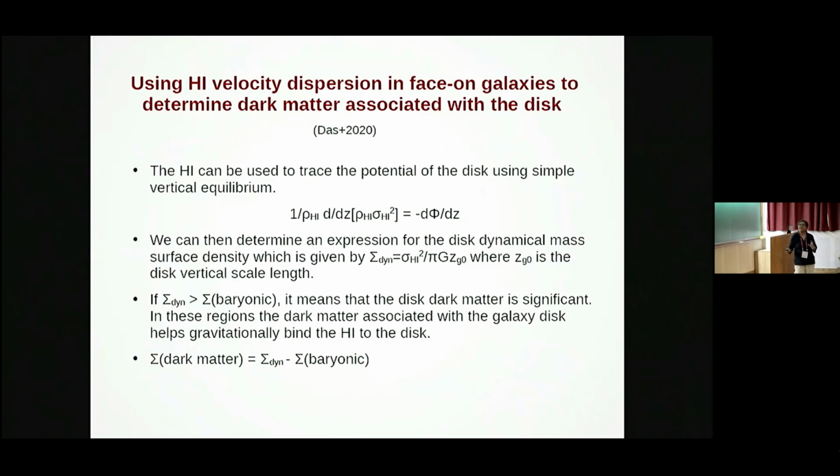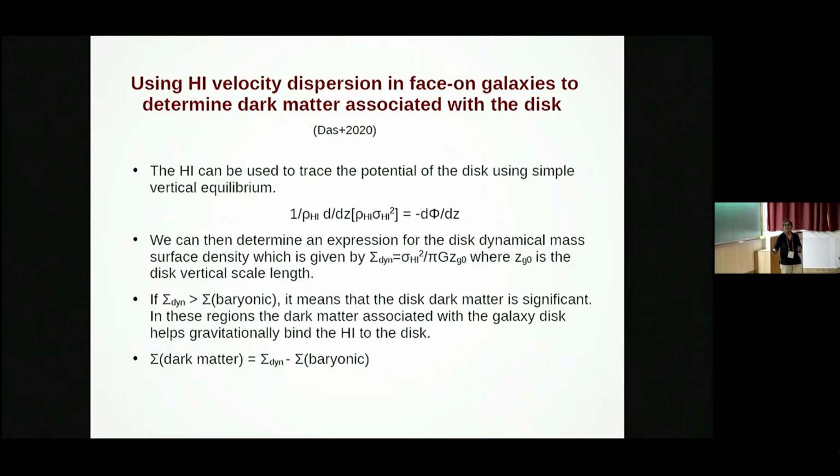Now, the dynamical disk matter is given by the velocity dispersion, and this is in the z direction, and of course, the thickness of the neutral hydrogen disk.